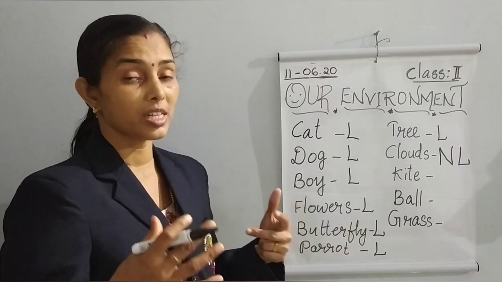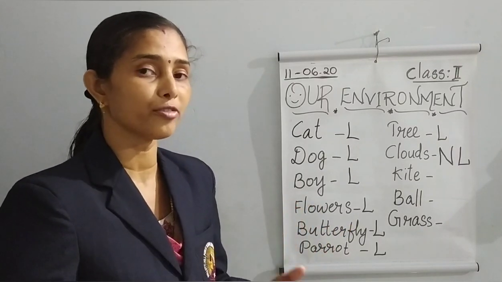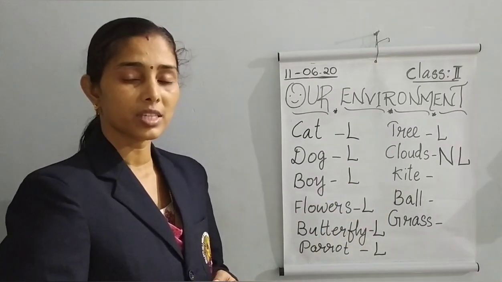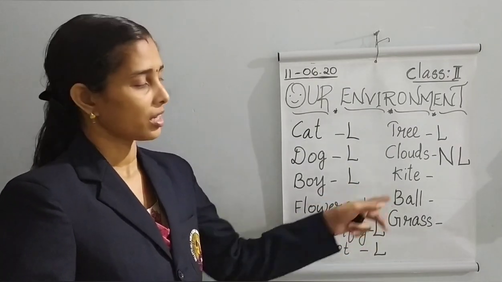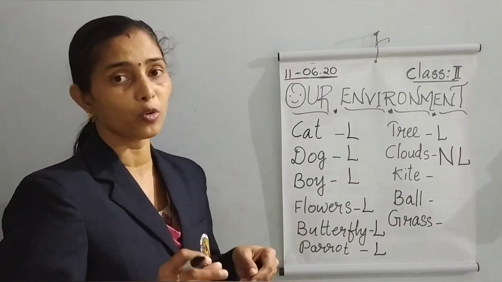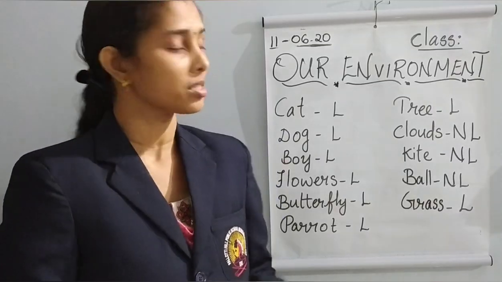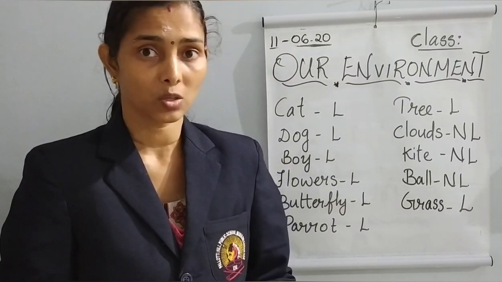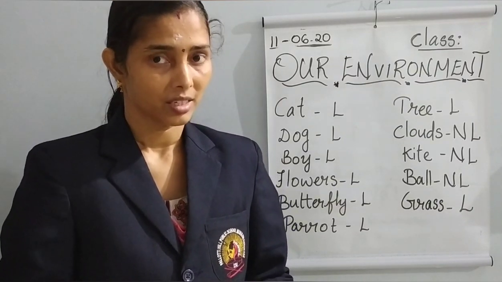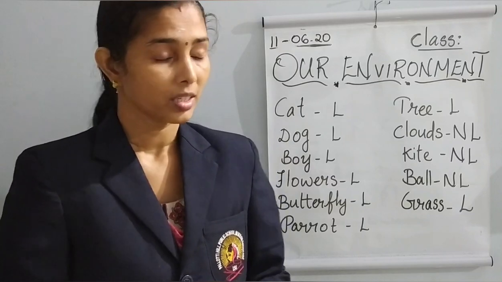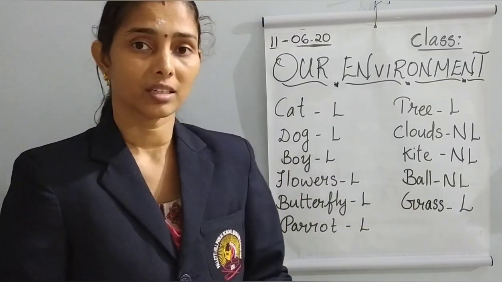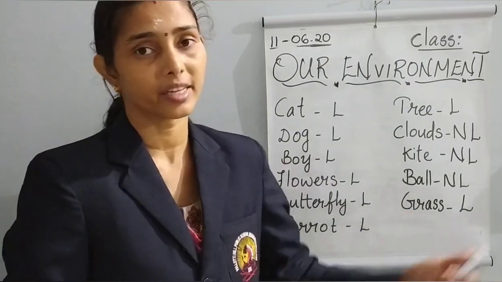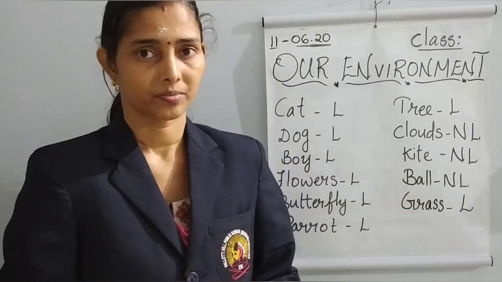No. Living things have all the features. Then only we can say that these are living things. But the kite is not like that. It is only moving. Next is grass. Does grass grow? Yes. Grass grows and breathes. That is why we can say grass is a living thing.